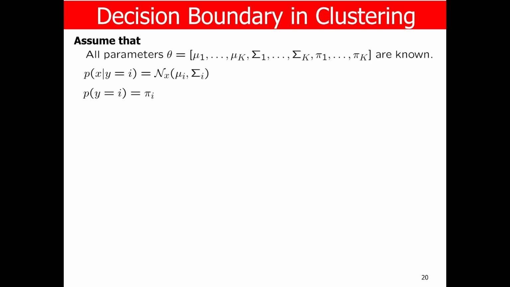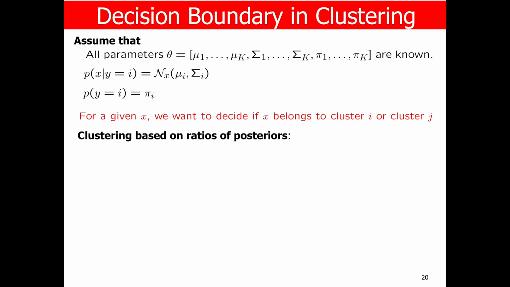Now, let's discuss how the decision boundary between any two clusters looks like in this clustering problem. Again, let's assume that all the parameters of this mixture of Gaussians model are known. For a given x, we want to decide if x belongs to cluster i or cluster j. To answer this question, we can simply calculate the log of the probability ratios, that is, the log of the probability that y equals i given x divided by the probability that y equals j given x.